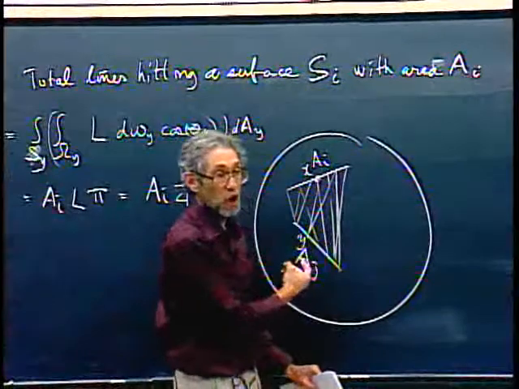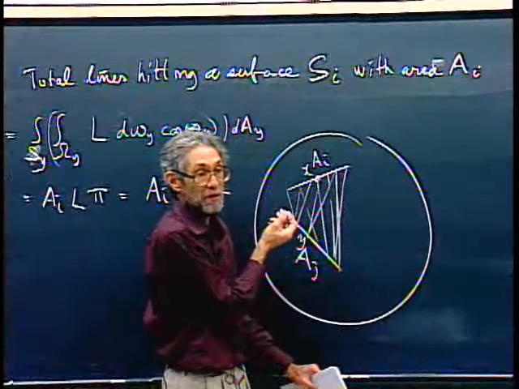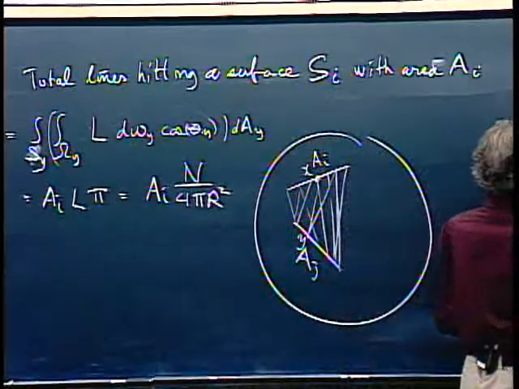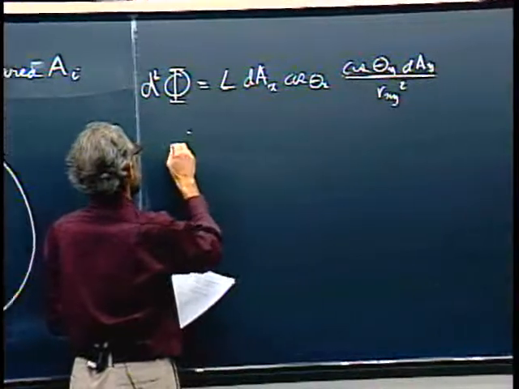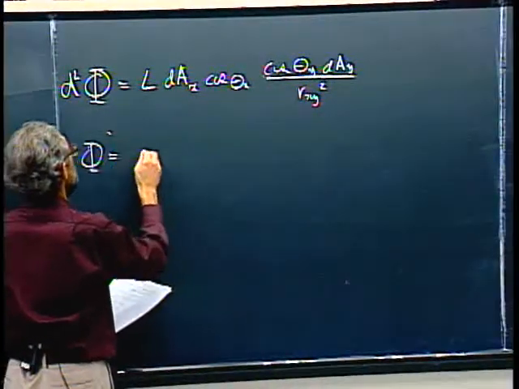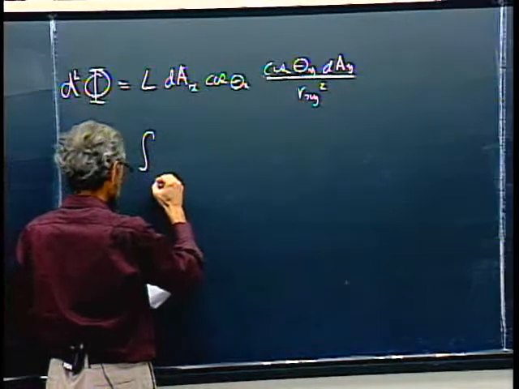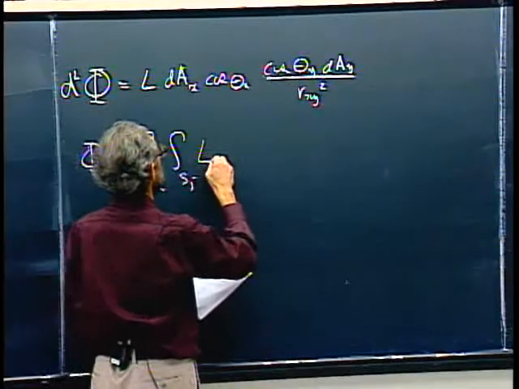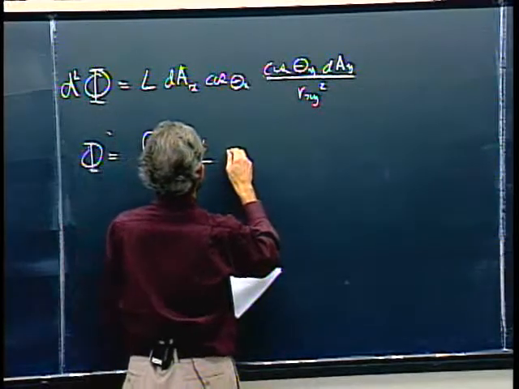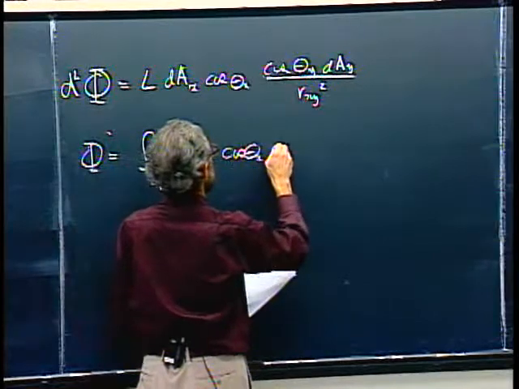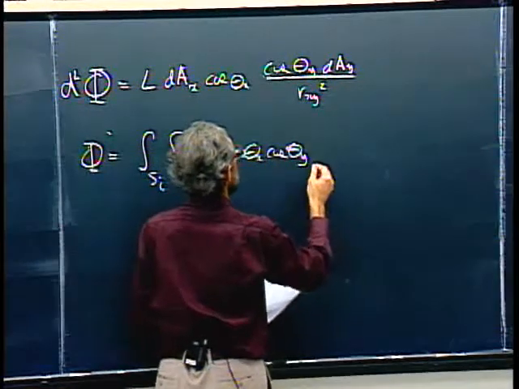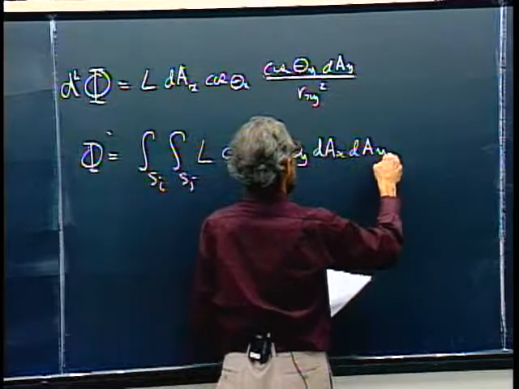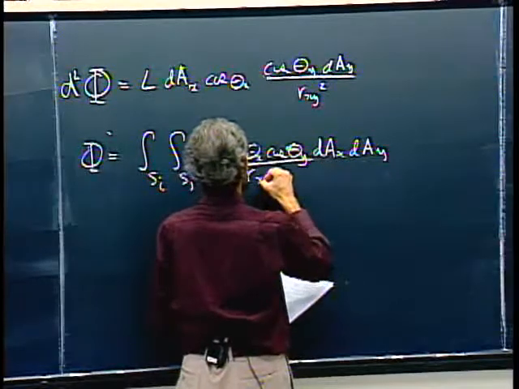So now our x, say, is here, and our y is here. They're both inside, but otherwise, this argument is the same about the solid angles. And so if we're going to integrate this over the areas, we're going to get the actual flux is the integral over S_I times the integral over S_J of this line flux. Let's put the cosine theta x, cosine theta y, dA_x, dA_y over r_xy squared.